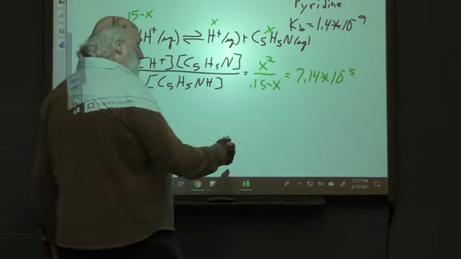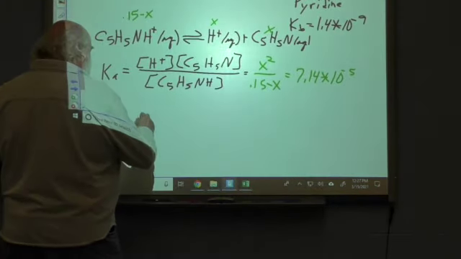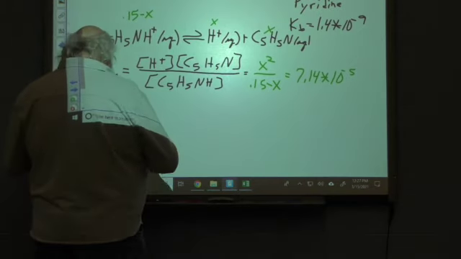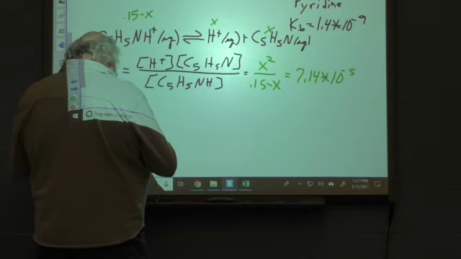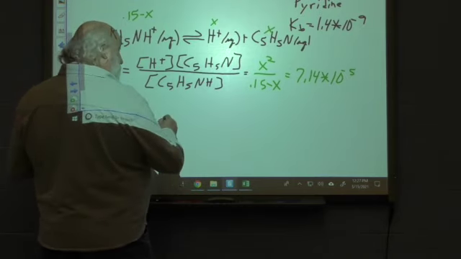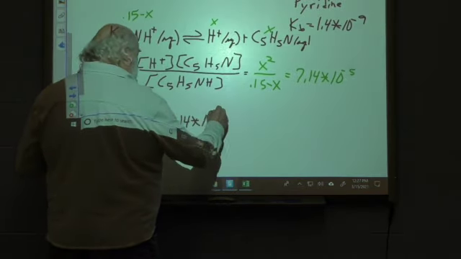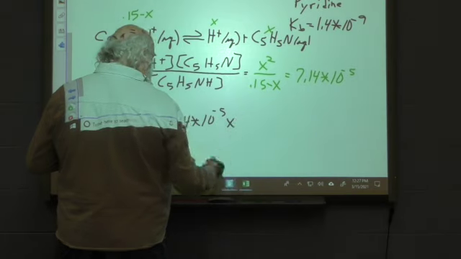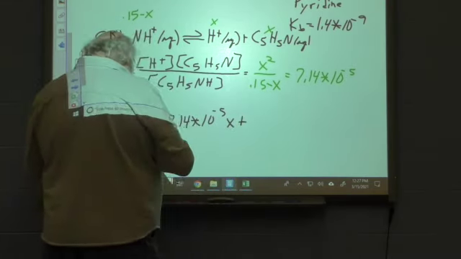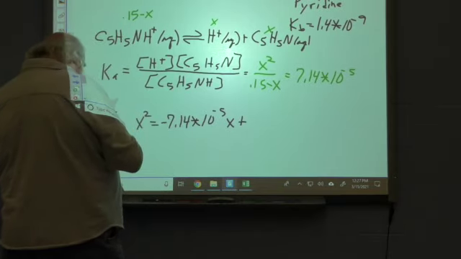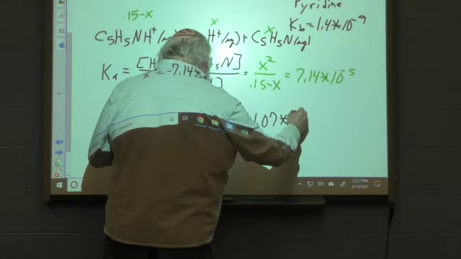So, let's go ahead and multiply both sides by 0.15 minus x. And that's going to give us x squared is equal to, and I did a little calculation on this, negative 7.14 times 10 to the negative fifth x, because I'm putting that in front, plus 1.07 times 10 to the negative fifth.